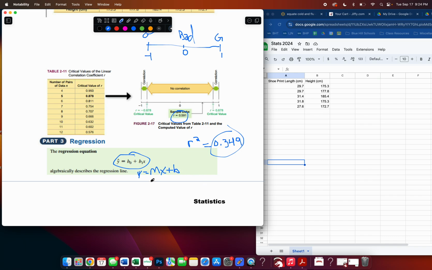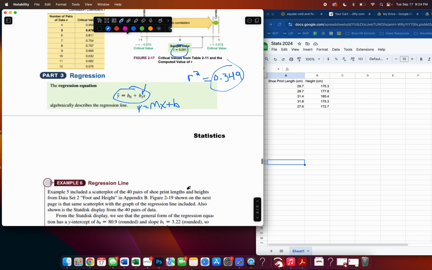Hopefully you remember that from algebra and algebra 2. But in this case, it's b plus mx, the opposite way. So just be careful. The m is actually this guy here, and the b is the b naught. Whatever, it doesn't matter. That's just how that equation is set up. But you are probably more familiar with mx plus b.